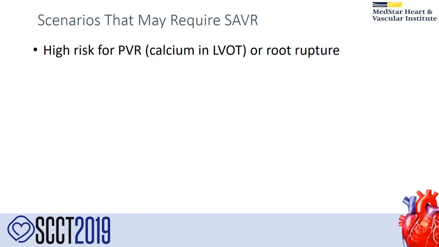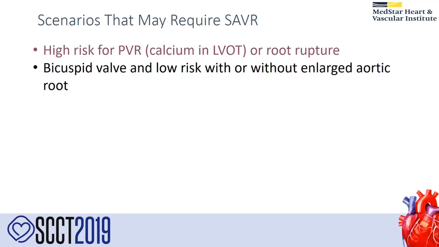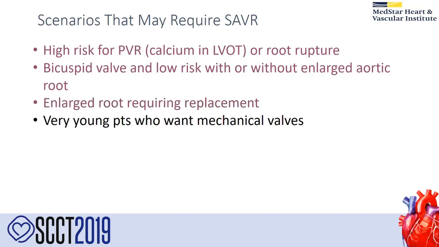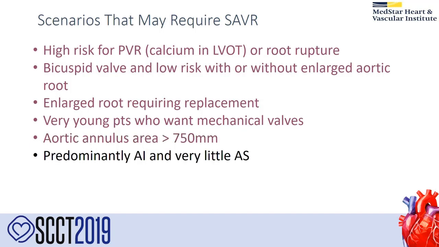We have an issue dealing with LVOT and very heavily calcified valves. Bicuspid valve and low risk with and without enlarged aortic root may still be better with surgery. And a large root requiring replacement will definitely go to surgery. We're not going to do that. Very young patients who want or need mechanical valves will be done by surgery. When you have an aortic annulus area greater than 750, we just don't have the valve sizes for that.